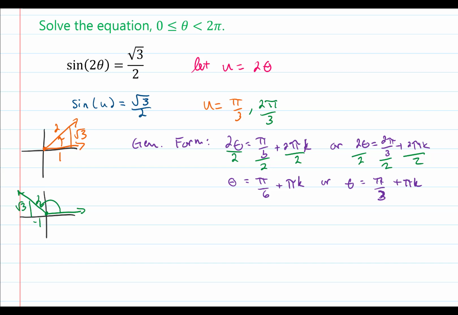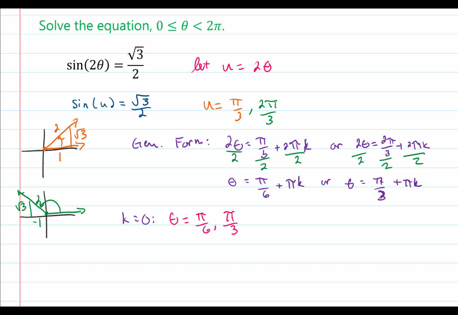So now our task is to replace k with integers to find solutions for theta. So we'll start with k is equal to 0. And when k is equal to 0, replacing k with the value 0 and simplifying both expressions, we see that theta is equal to pi over 6 and pi over 3.